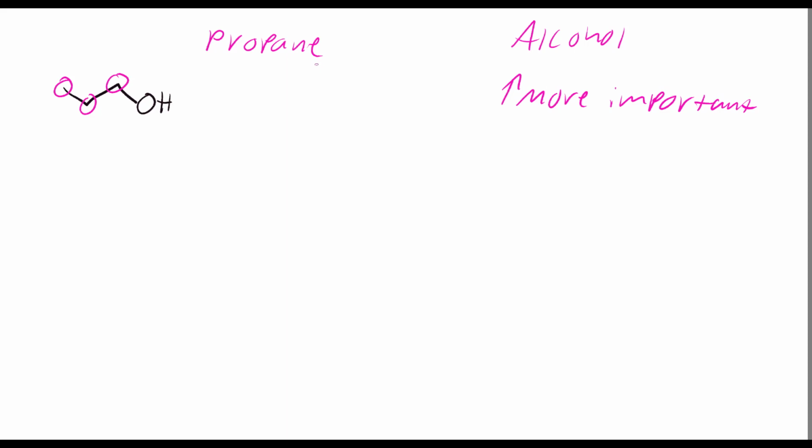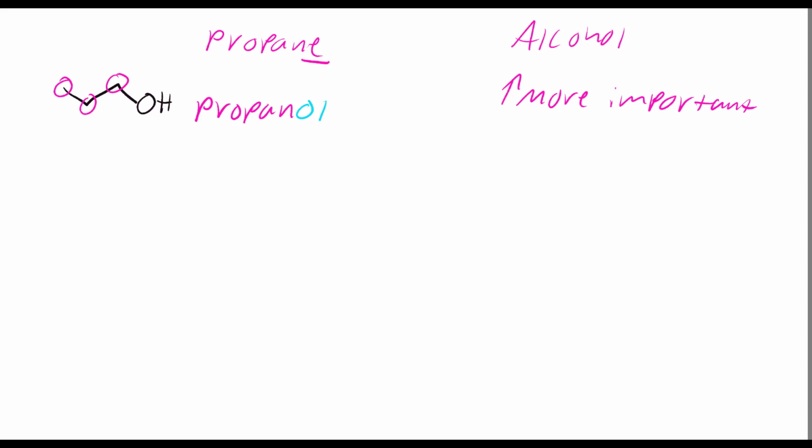Except you don't have the E right here. When you have an alcohol, which is just an OH group, you'd say propan, and then instead of saying the E, you say OL. So it's propanol.